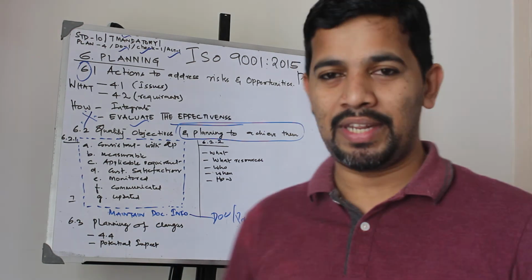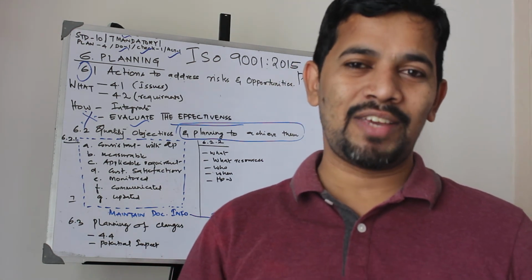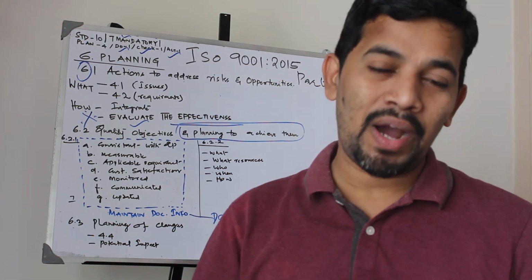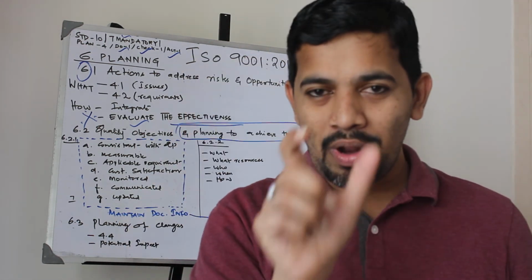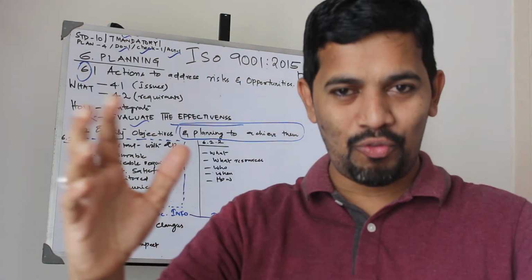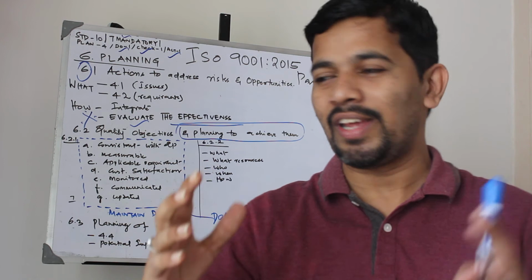Let's go to 6.3. In 6.3, again the standard has given a reference to 4.4. 4.4 you all know: quality management system and its processes. When you say processes, it means end output, a bigger picture, a portfolio, a service and all that, right?